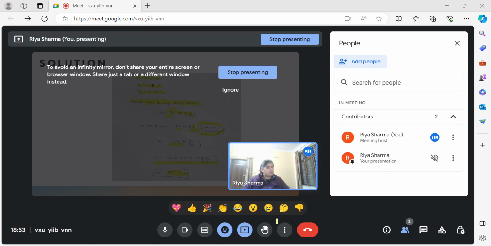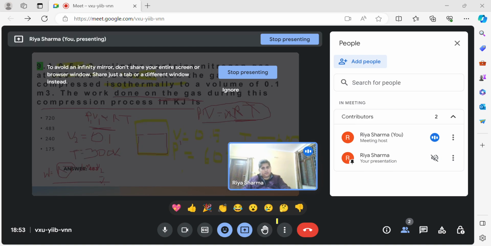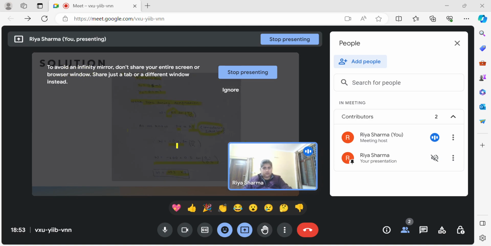Try to solve it by yourself. Work done during compression, how much is it? This is the given value: P1, V1, V2. It was saying 0.5 meter cube, 0.1 meter cube. So we have written V1, V2, whatever these values were. Pressure 1 was the initial pressure, V1 was the initial volume, and V2 was that 0.1 meter cube. So work done during compression will be W equals minus RT ln V2 by V1.